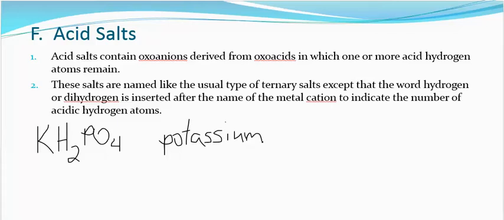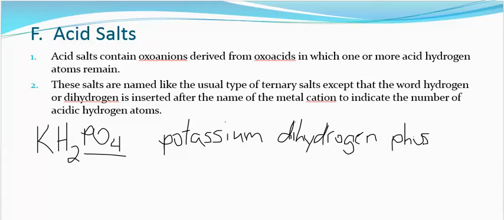Since there's 2 hydrogen that remain, this is an acid salt, we have to say dihydrogen. And then we name the PO4 portion. Now the PO4 portion, just like before with the ternary salts, go back to the acid, PO4 comes from H3PO4, which is phosphoric, but we replace the ic with ate. So PO4 comes from phosphoric acid, but it's called phosphate. So this would be potassium dihydrogen phosphate.